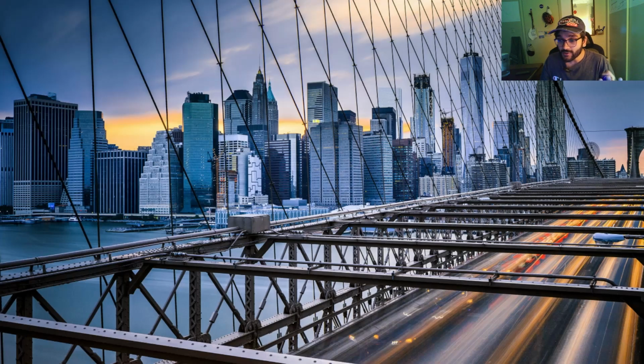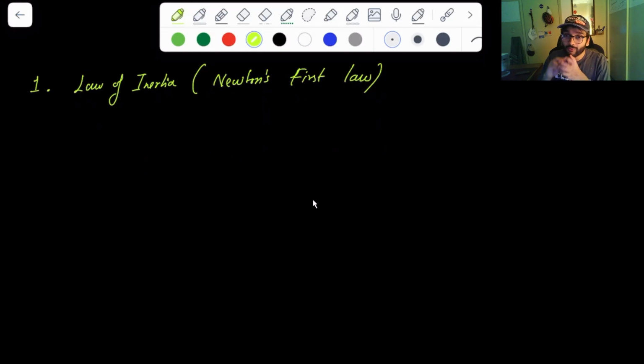So things will really want to move in a straight line if they're moving in a straight line already. If they're already in motion, they would want to be in motion. If they are already at rest, they would want to be at rest. Have you ever seen a ball that is at rest and suddenly starts to move? No, right?